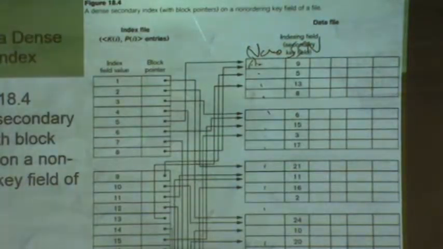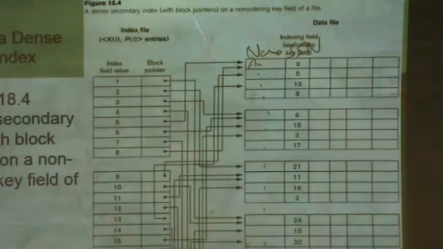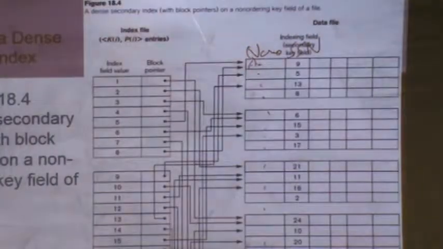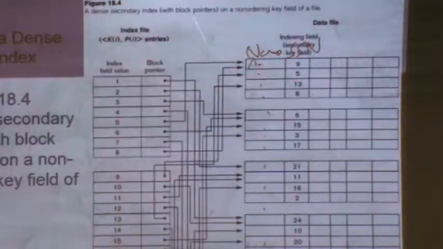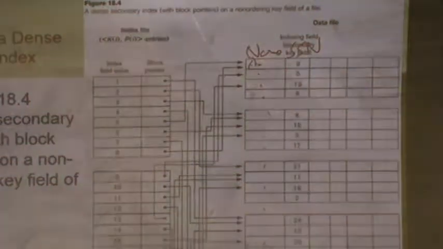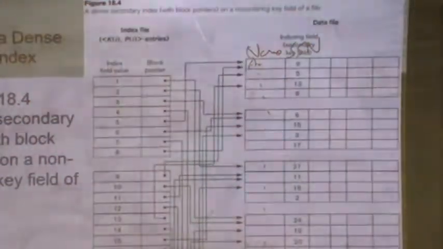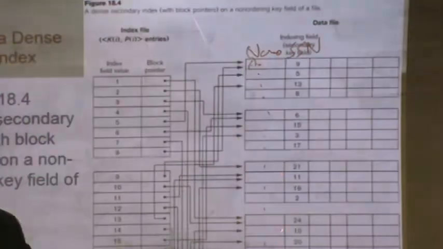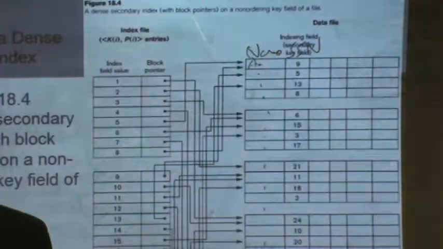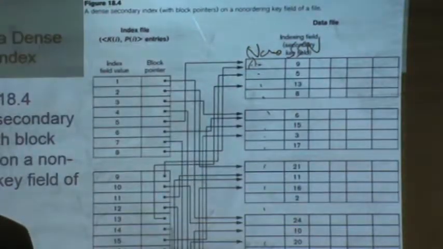I'd like to make the index for this column, which is not sorted. In case the index column is sorted, we don't have to make the dense index. It's a non-dense index. We need to keep only the anchor value. However, in this case, if I want to make the index for a non-sorted column, there is no way to find the anchor or representative, right?